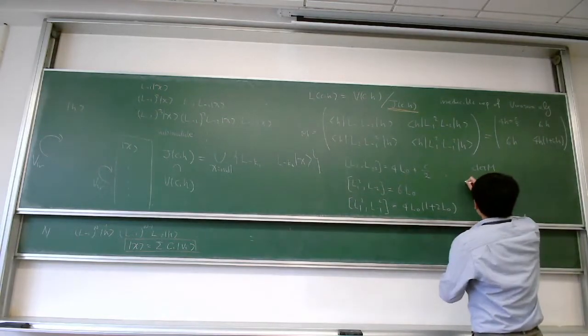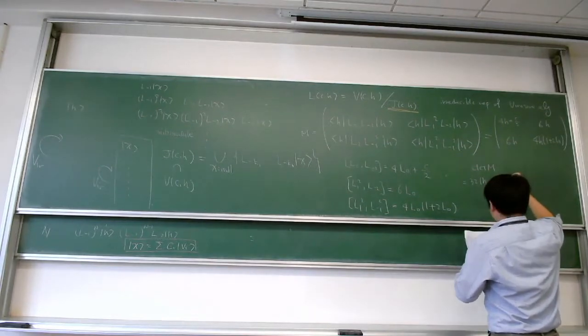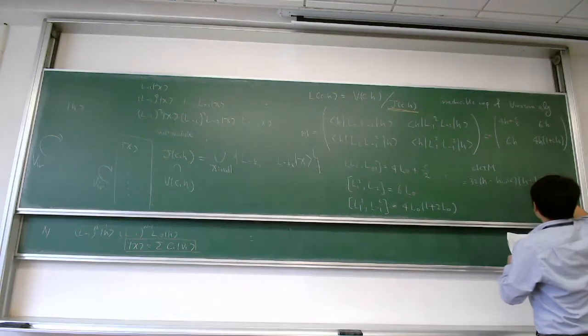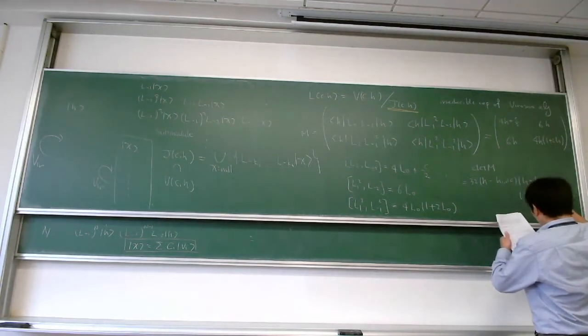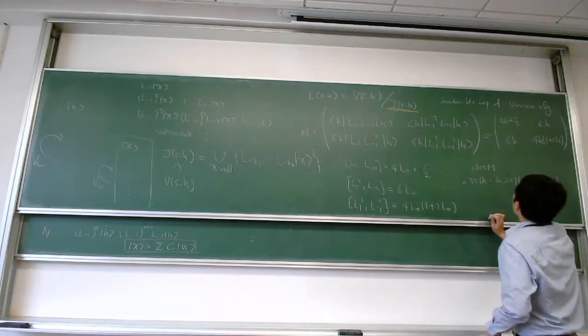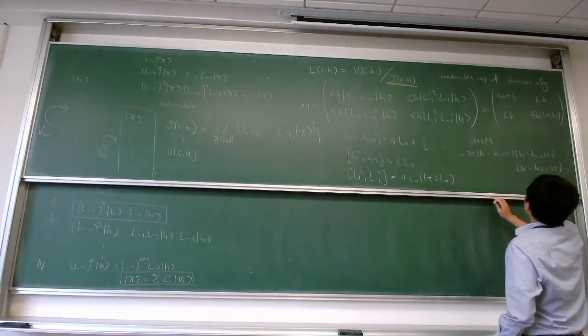This is indeed 32 times (H minus H11) times (H minus H12) times (H minus H21), with the notation depending on c.